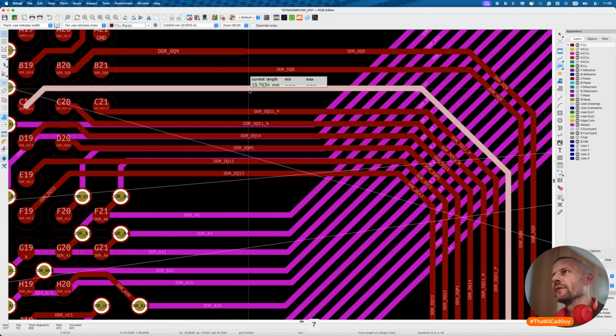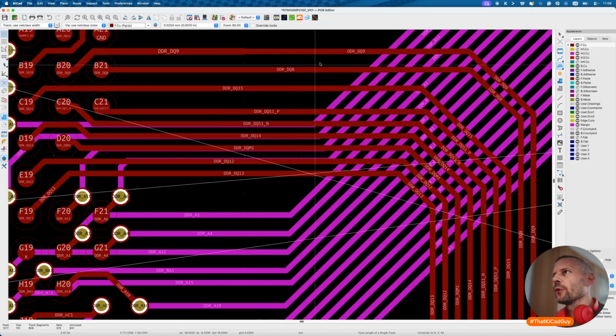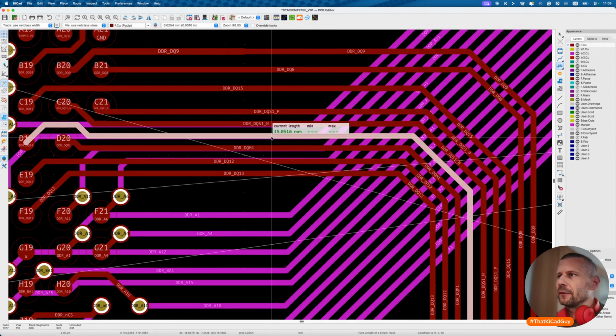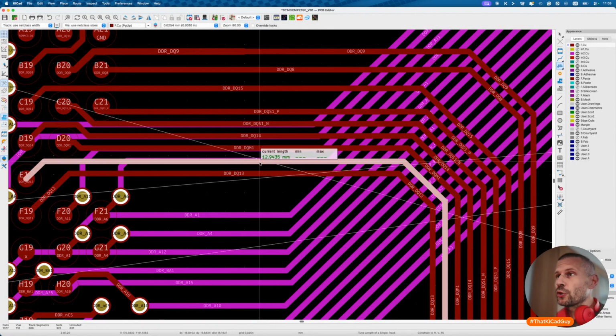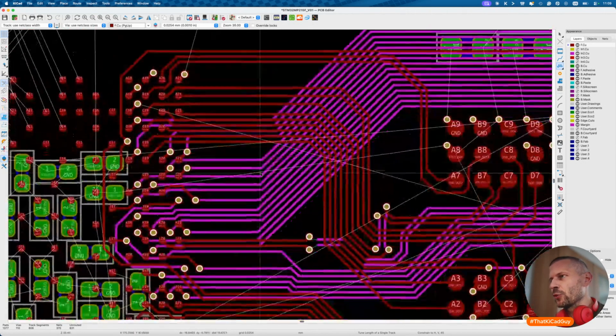So let's check. Too short, but not so much. It's okay. Too short, but not so much. Too short, again too short.